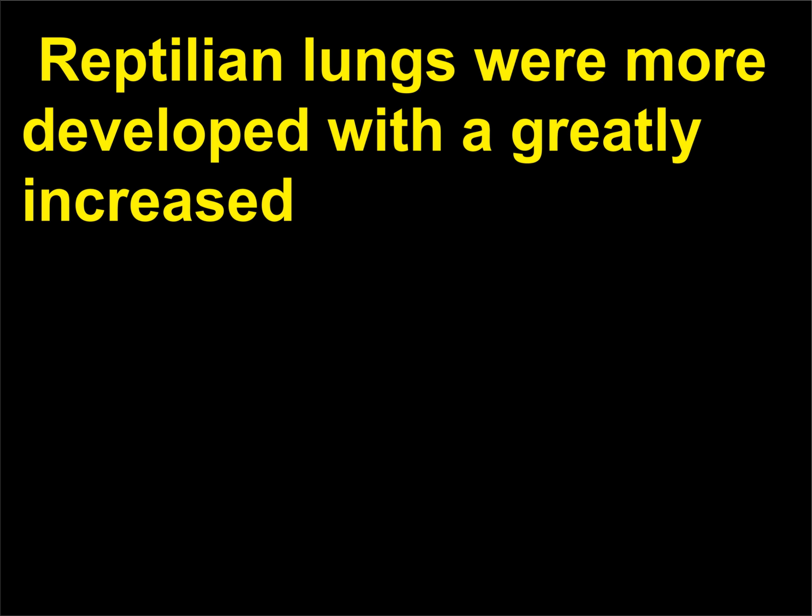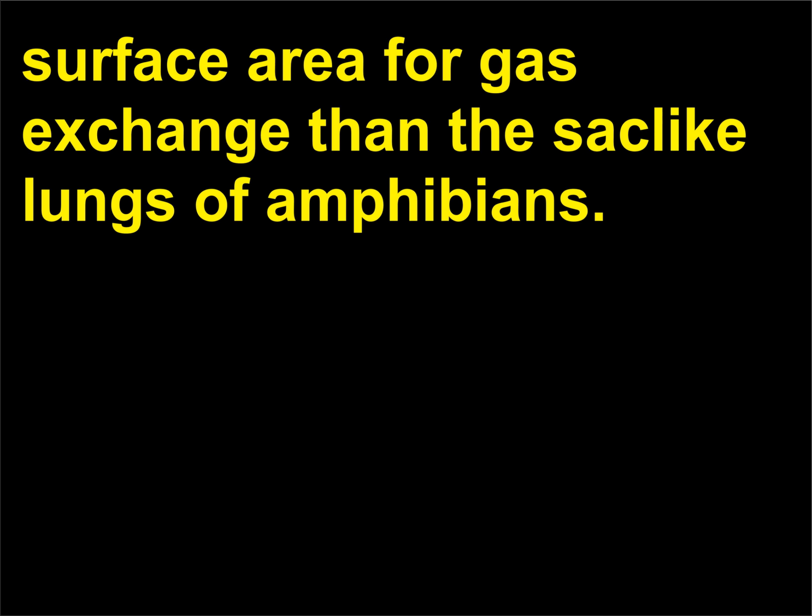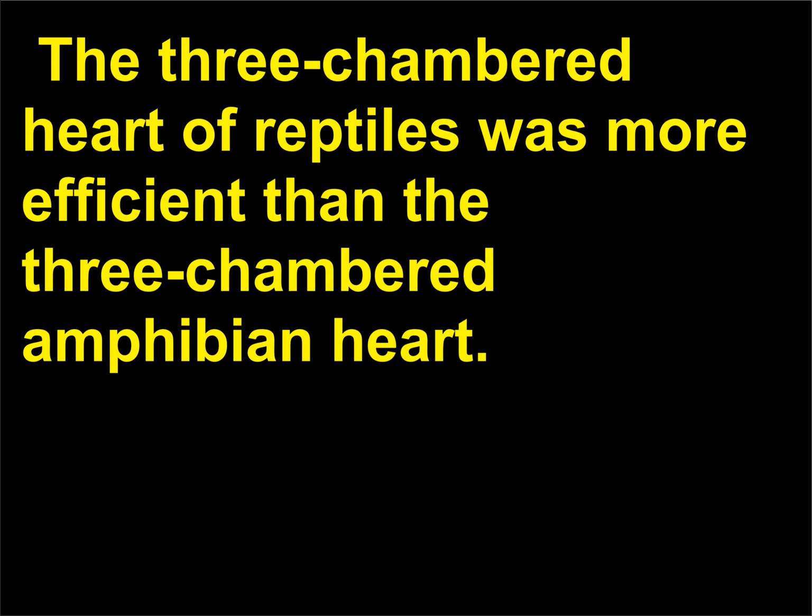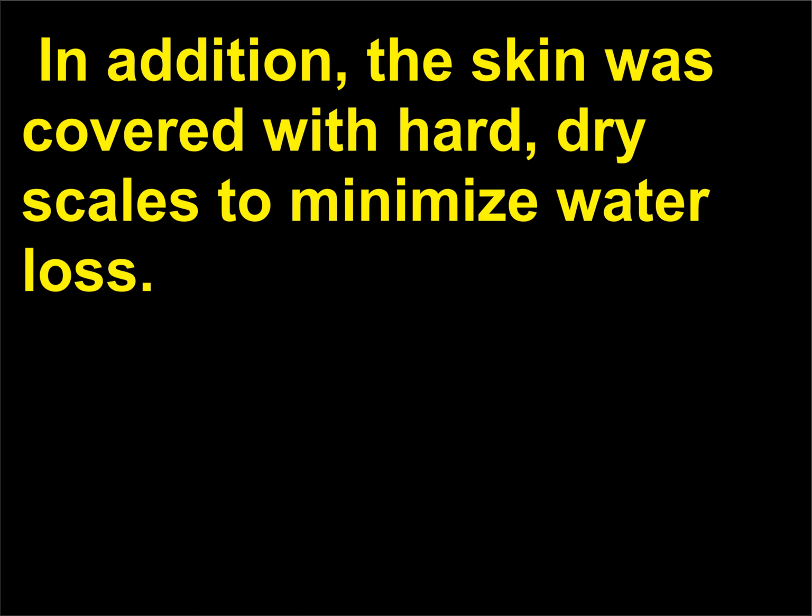Reptilian lungs were more developed with a greatly increased surface area for gas exchange than the sac-like lungs of amphibians. The three-chambered heart of reptiles was more efficient than the two-chambered amphibian heart. In addition, the skin was covered with hard, dry scales to minimize water loss.